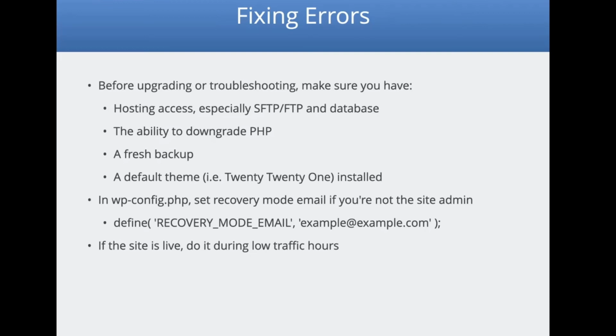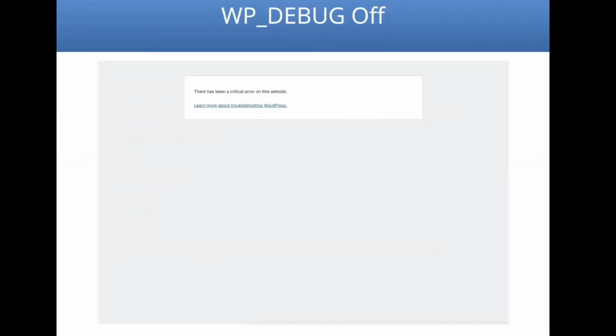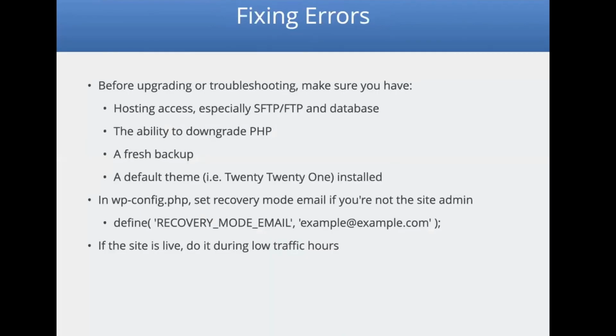But a few versions of WordPress ago, they started doing this where you get an email with a safe login link, where if your site is down, you see this kind of critical error generic thing, and the whole site is down. Then you get an email with a link where you can still log into the site, and then you can disable or deactivate the plugin that's the problem, or do some other fixes. So that's the recovery mode email that you get.